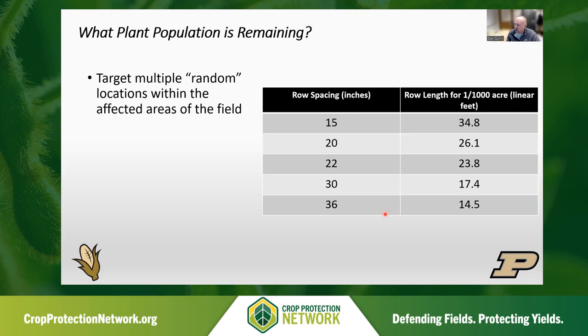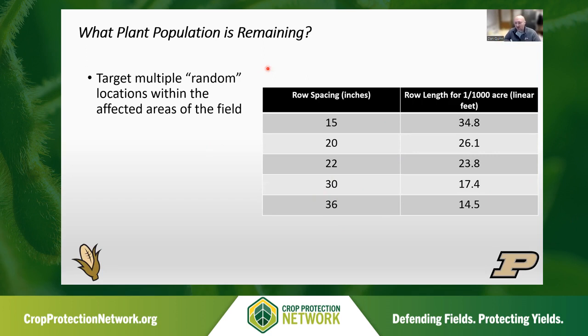Here's a quick reference table. Most of the time you'll be in 30-inch rows, so if you measure out 17.4 feet of a row, that gives you an estimate of 1/1000th of an acre. It's really important to target multiple random locations within that affected area of the field to gauge an average of what the potential stand loss is.